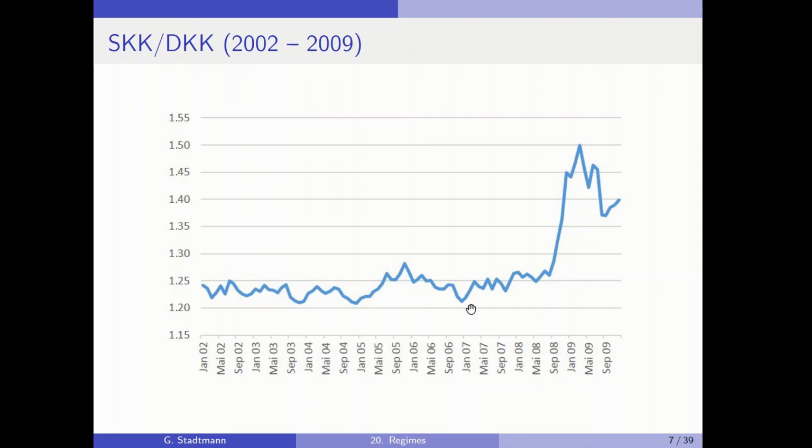More or less, this is stable from 2002 until the end of 2007. But then you can see here that in the crisis, the exchange rate goes up. This is a depreciation of the Swedish krona and hence an appreciation of the Danish krona.